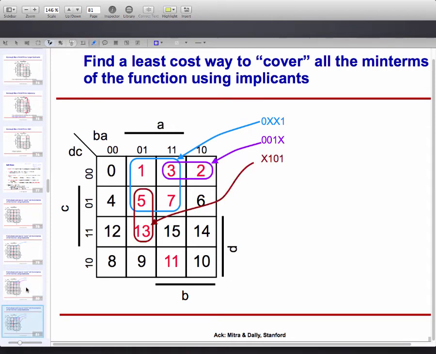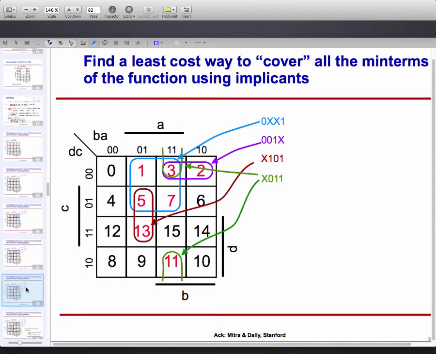I can take this edge, and then finally I can take the green edge, which is a wraparound type edge. So I introduced 3 edges, and with those 3 edges, I have now covered everything which was supposed to be 1. So I need a face and 3 edges, which is what we had in our cube also. I don't need any standalone minterms, so my function is just an ORing of these 4 implicants.